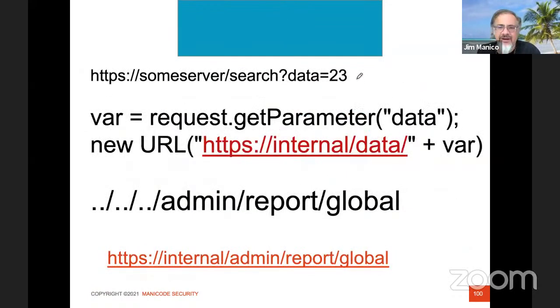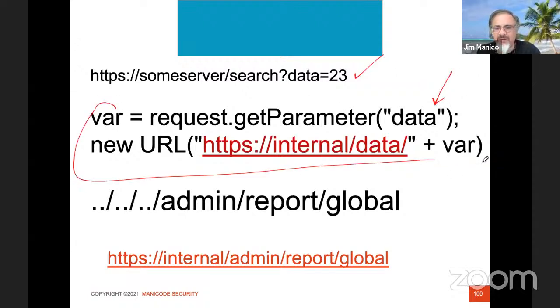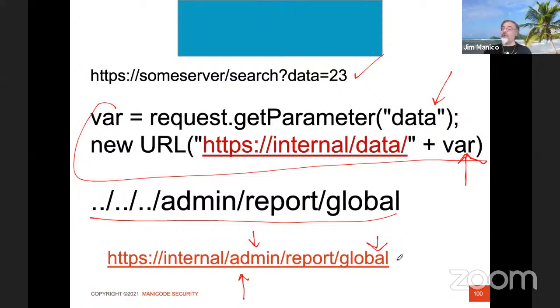The developer is expecting a number, but this is just an open string parameter that I add to the URL directly right there. Here's my attack, path traversal, and there's the final URL, admin report global. Boom. And this assumes you got bad access control and bad identity on the back end as well.